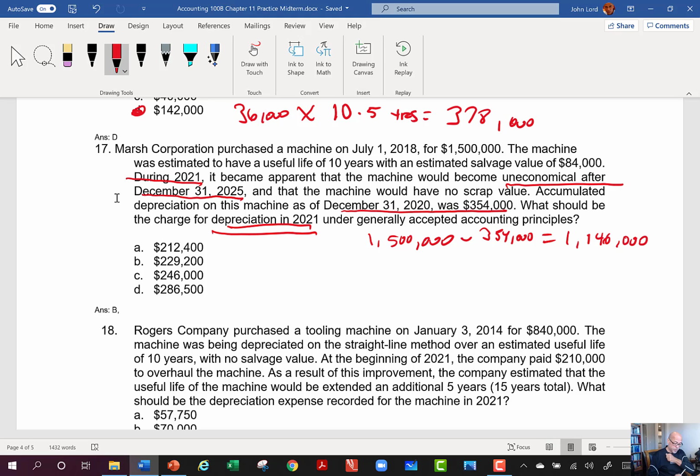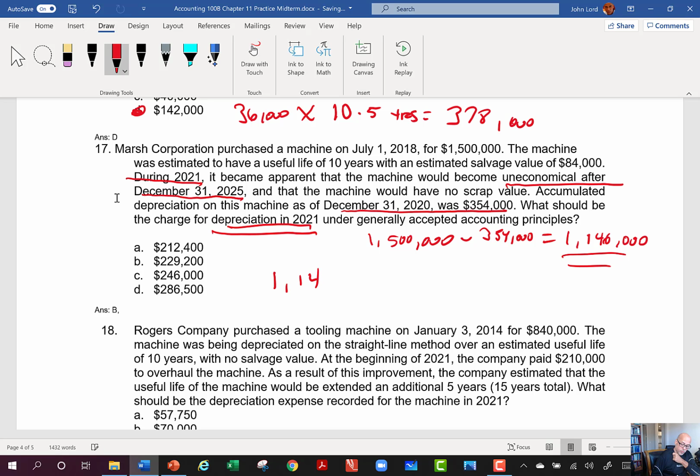I've got 5 years that I'm going to be able to use this from the time that I start depreciating it using this new period, that remaining 5 years. I don't have to worry about salvage value because they told me it'll have no salvage value.